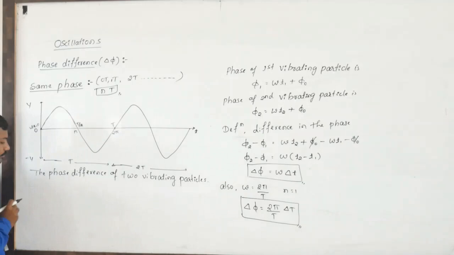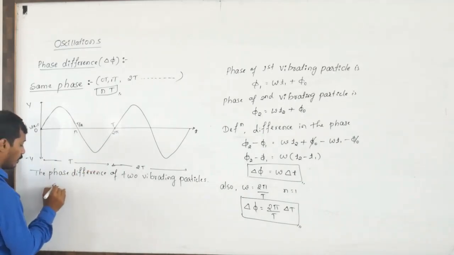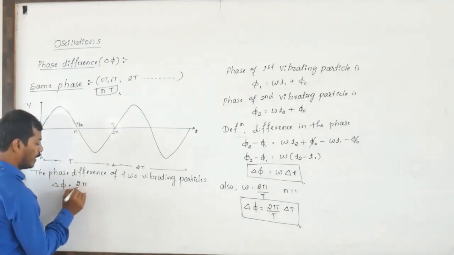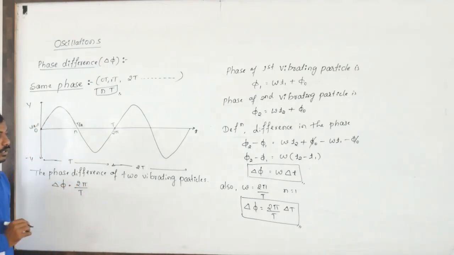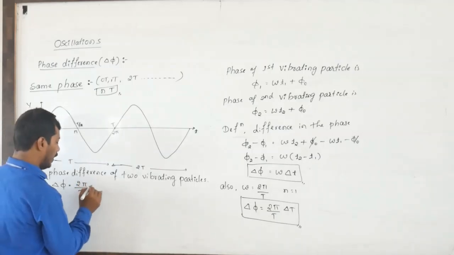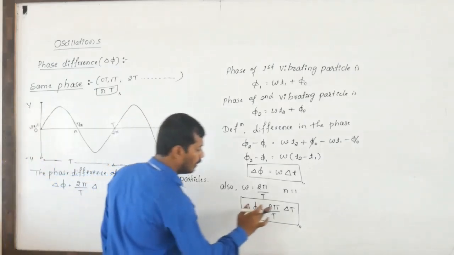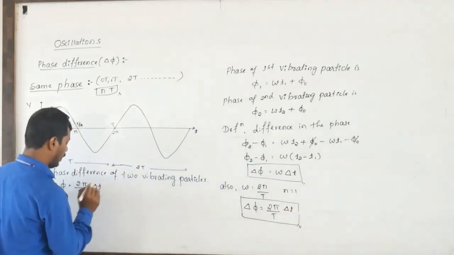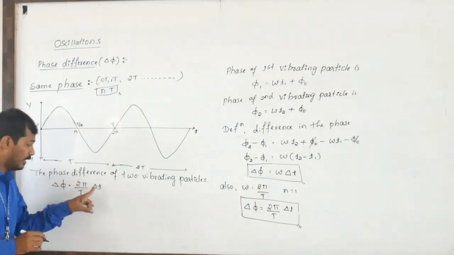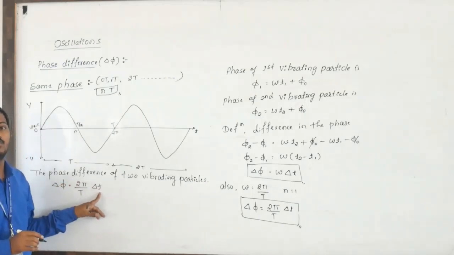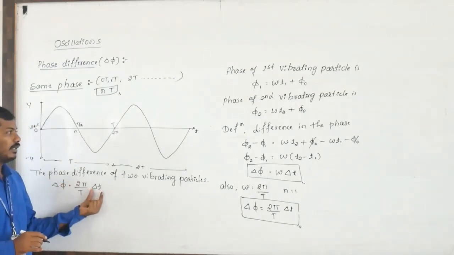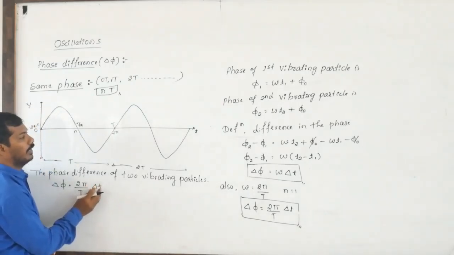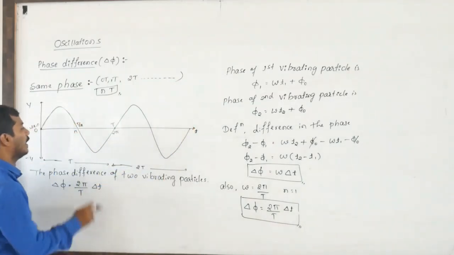Next, the formula for the phase difference is delta phi equals 2 pi divided by T into delta t. This is the total time difference, calculated at this instant of time.